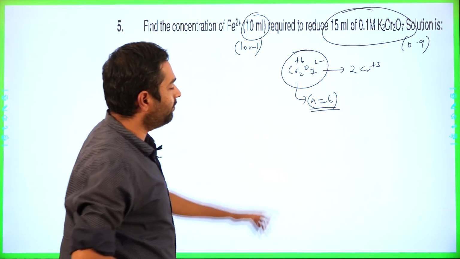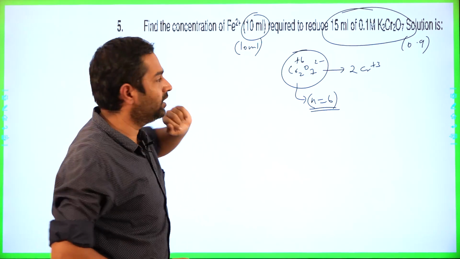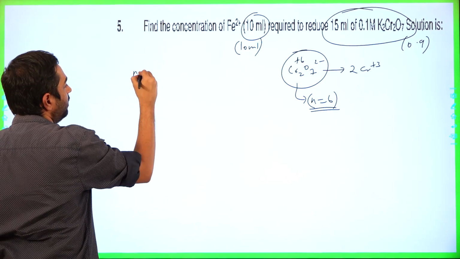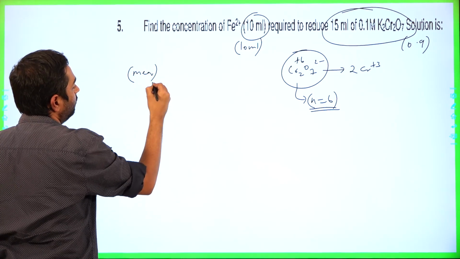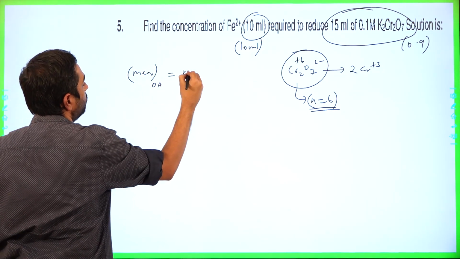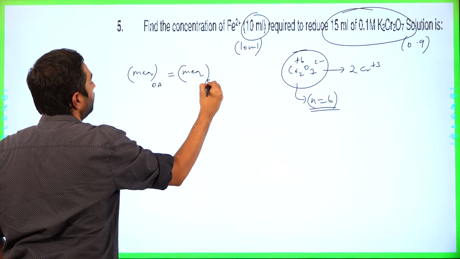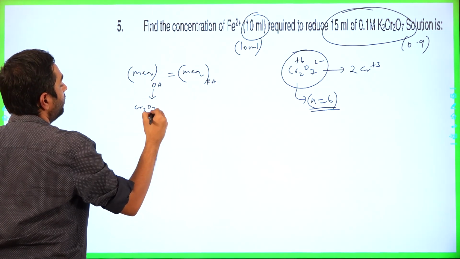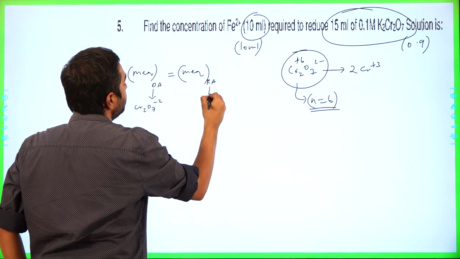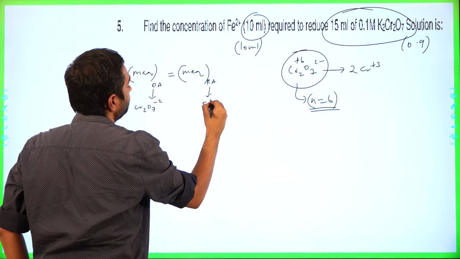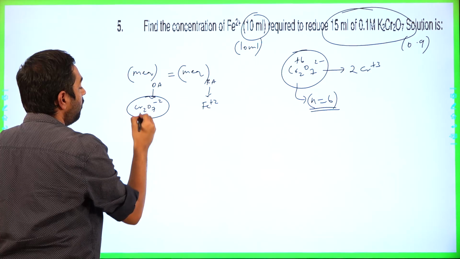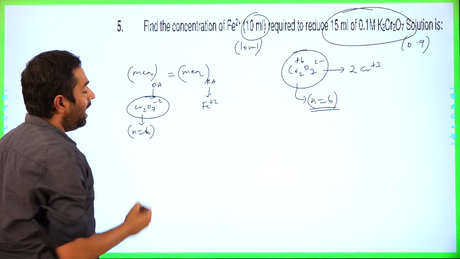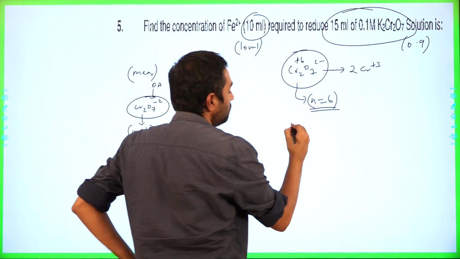So they have given us 15 ml, 0.1 molar in this particular case. The basic principle is very straightforward: milliequivalents of oxidizing agent equal milliequivalents of reducing agent. In this case, the oxidizing agent is the dichromate and the reducing agent is the iron +2. For dichromate, we found the N factor as 6. What will iron +2 become in the process?